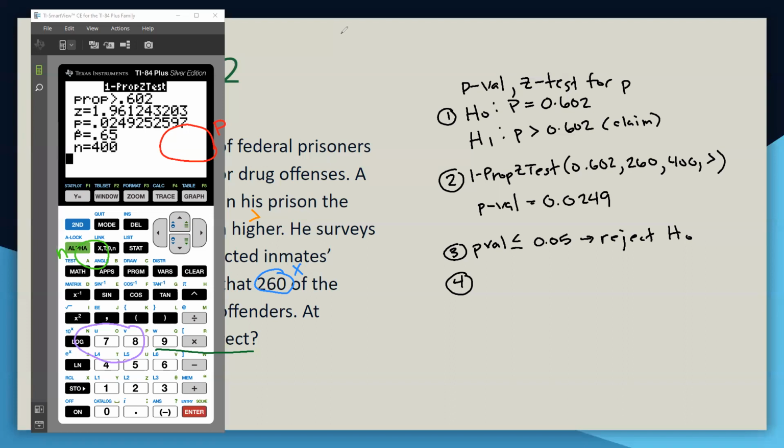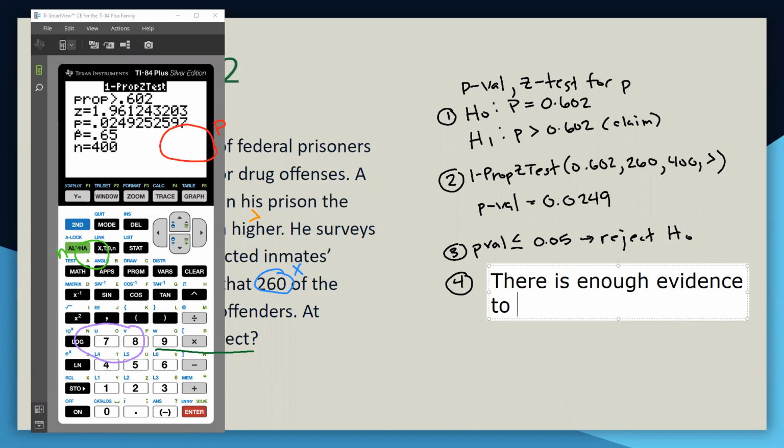So our last step, we're going to go ahead and write our conclusion based on rejecting the null. So first we look at our decision, we rejected. So there is enough evidence. And then we look at our claim, and our claim is the alternative.